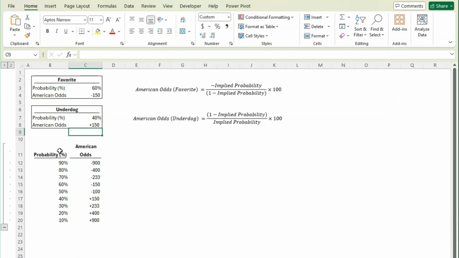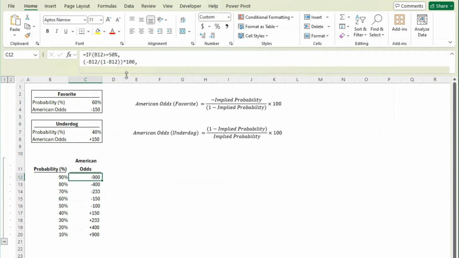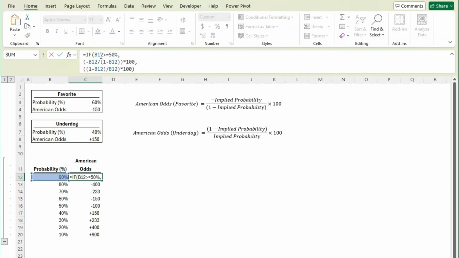We have an example here of a table ranging from 10% probability to 90% probability and the American odds associated with each probability. We did that by just showing here a quick if formula. So if the probability is greater than 50%, meaning they're the favorite, we'll use the favorite odds.